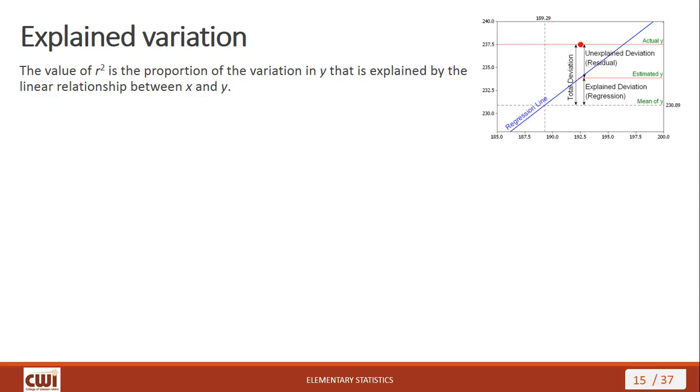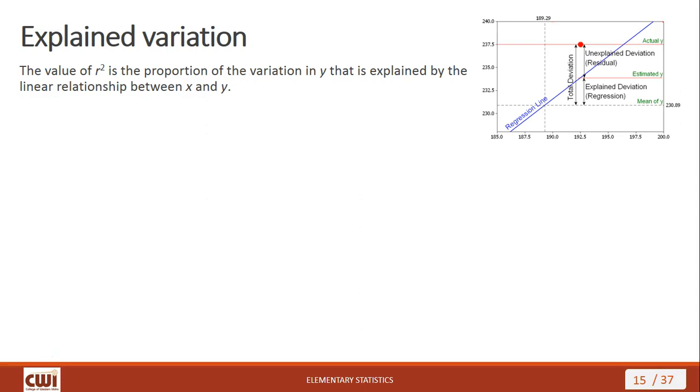There's variation in the values for y in our data set. Typically, your y values are not going to be the same, so there's some variation there. How much of that variation is explained by the linear relationship that exists between x and y? That's what we get when we calculate explained variation.